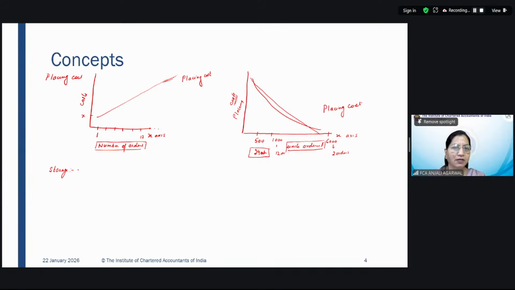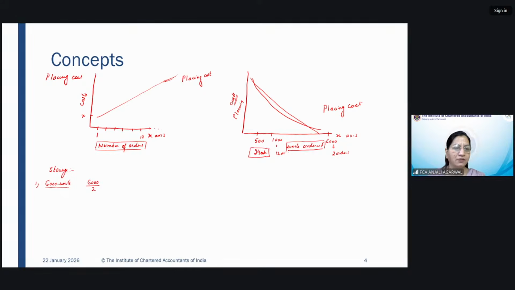Let's see now how storage cost will behave. So if I look at the storage cost, once again, if I have placed an order for 6,000 units, which means I'm going to use these 6,000 units, but storage cost will always be taken at average, right?